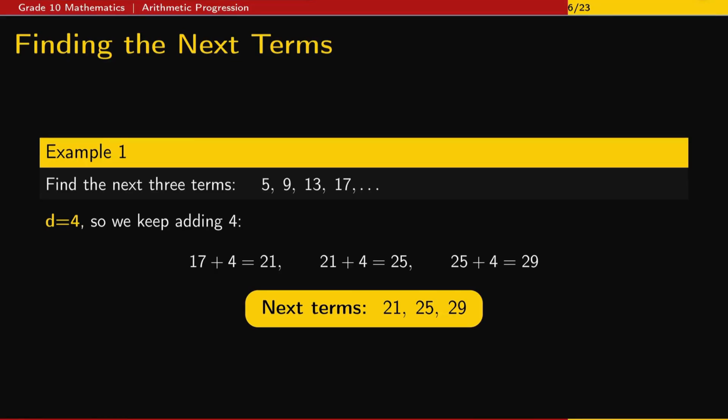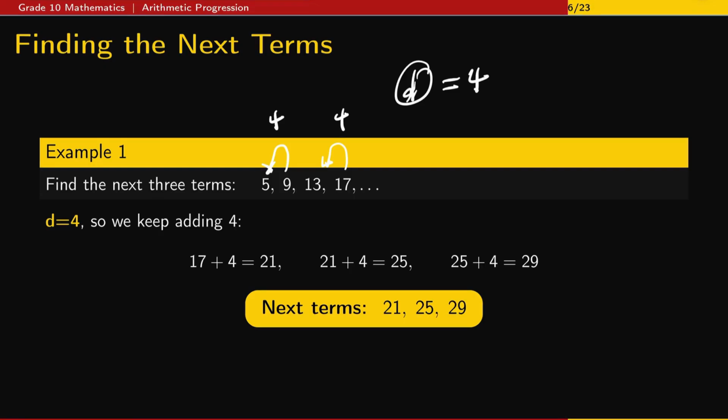Now, to find the next term in this arithmetic progression, if you are just finding the first three terms, you don't necessarily have to use a formula. The first thing is to identify the difference. So here, if I do 9 minus 5, I get 4. What about 17 minus 13? I also get 4. So the common difference, guys, is 4.